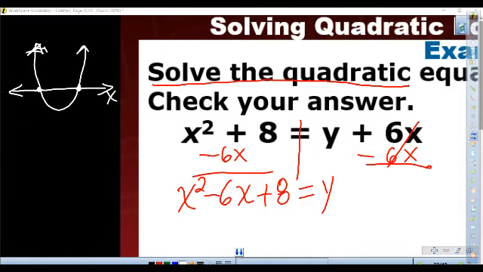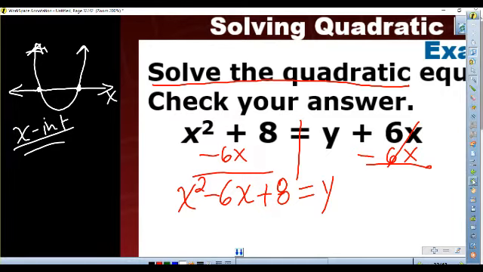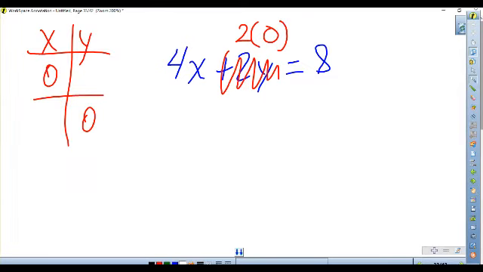X-intercepts. Okay, so now that we have that wrapped around our brain, pay attention, please, or you're going to miss it. I said when we were in linear equations to find our x-intercept, we made y 0, yes? Okay.